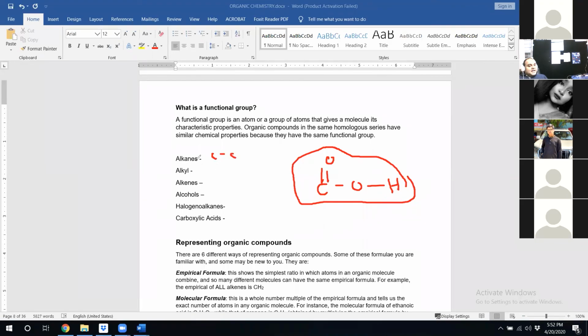Alkyl is just like alkanes, but with one less hydrogen. Alkenes is carbon-carbon double bond. Halogenoalkane is carbon with a halogen, bromine or iodine or anything. And carboxylic acid is if a compound contains a COOH.